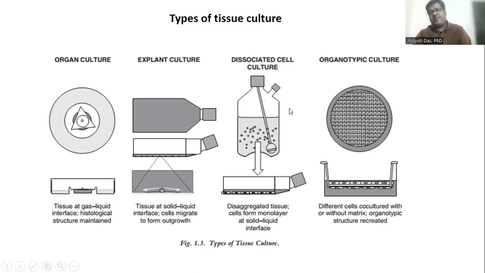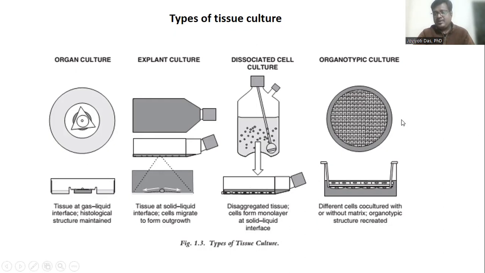And the other form of culture is dissociated cell culture, where you are taking a tissue from a patient or a healthy individual, and you are dispersing the cells of the tissue into a single cell level, and then you are using that disaggregated tissue to form the monolayer at the solid-liquid interface. Means you are dispersing the cells and then you are growing them on the surface of your culture vessel.